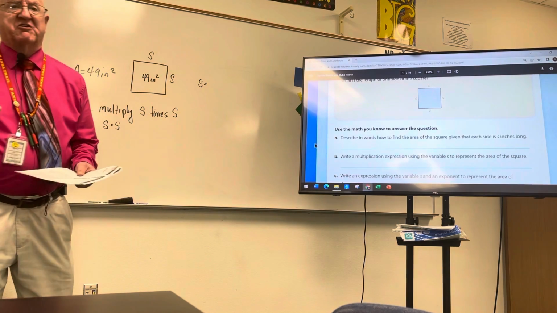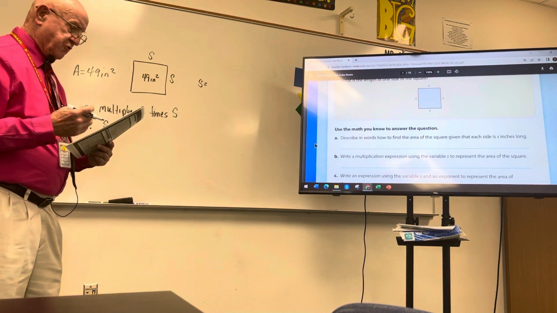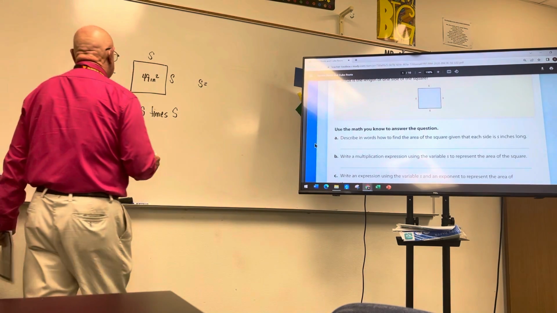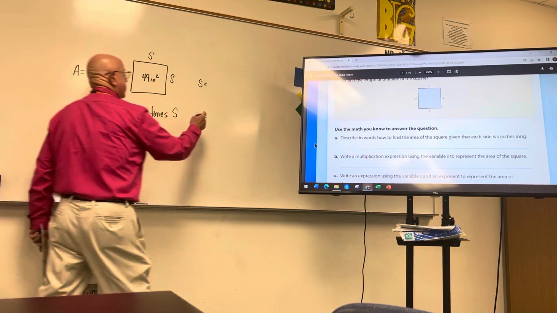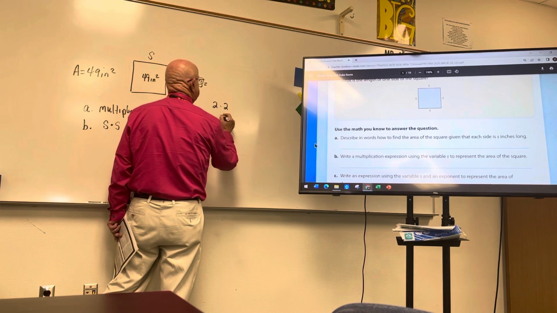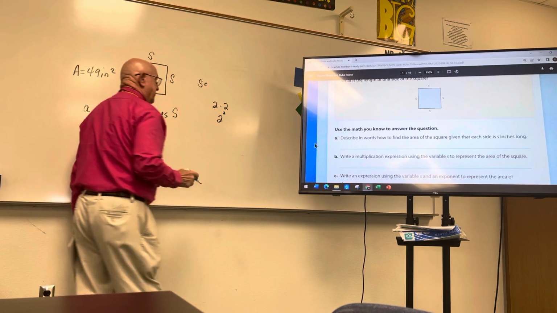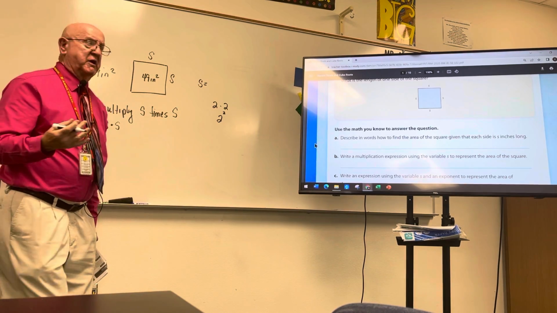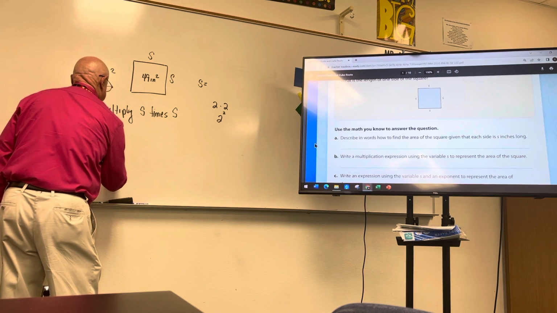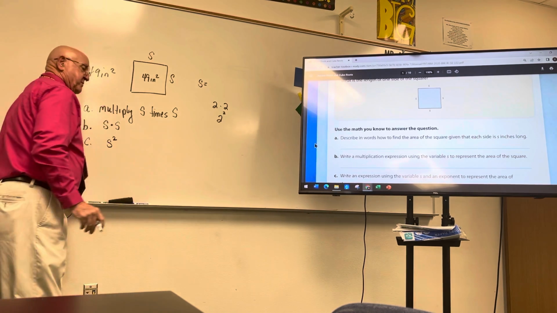Then we want to write an expression using the variable s and an exponent to represent the area of the square. Remember we talked about exponents when we had a base, 2 times 2, that was 2 squared. With variables it works the same, so s times s is going to be s squared.